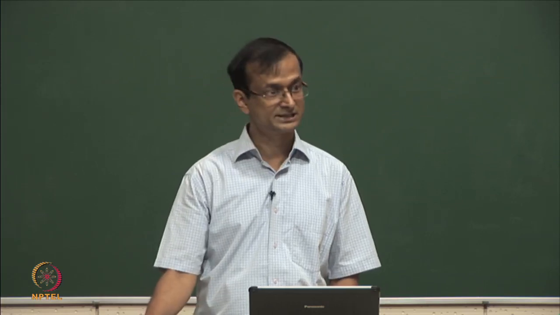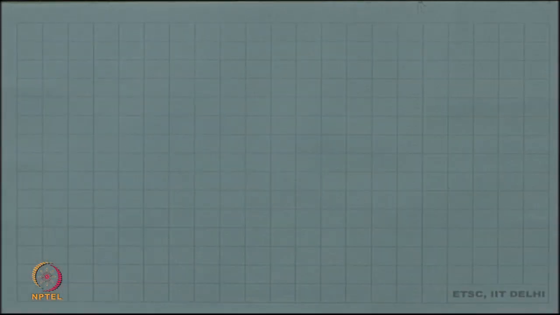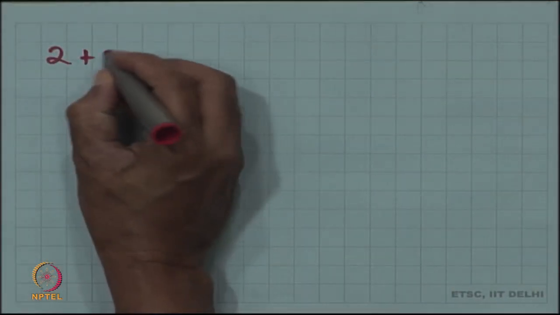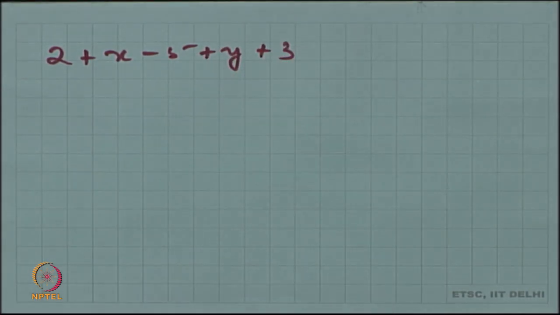If I have 10 operands in my expression, then I can't necessarily afford to try out all the restructurings and in the process find out which is the one that is applicable for constant folding. One kind of heuristic that is often performed is, you have an expression of this nature, 2 plus x minus 5 plus y, some such expression. You try to push all the constants to one side of a larger expression.